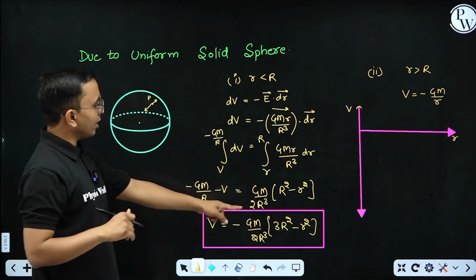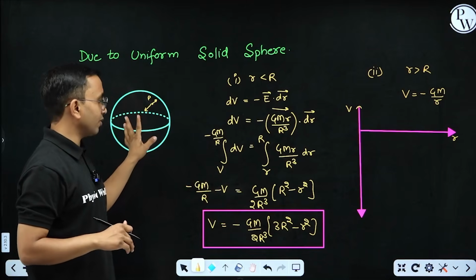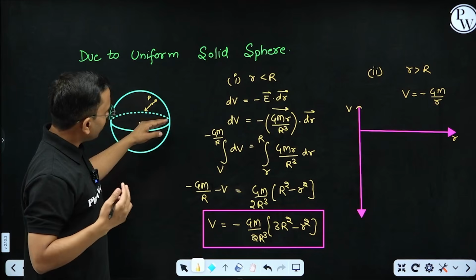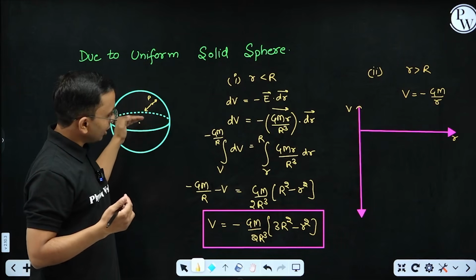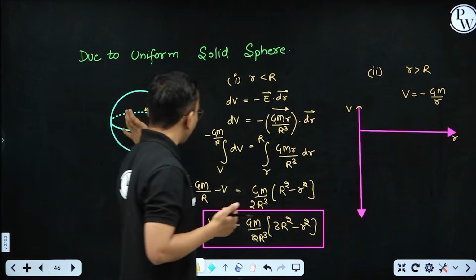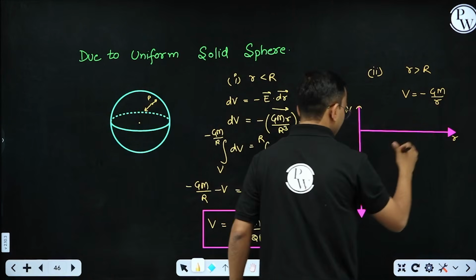How much is that? Put r equals 0, that will become 3 by 2 times that of the surface. And when you are moving away from the center, the potential keeps on decreasing with this relation, and when you move out of the sphere, it will decrease like this.